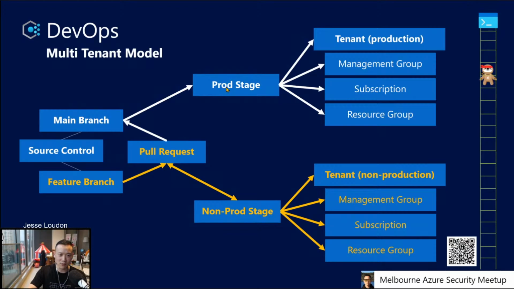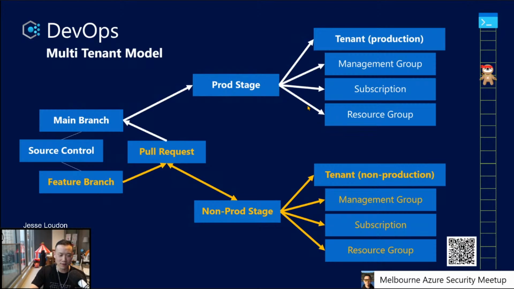The main branch deploys to prod, and then that could go to tenant, management group, subscription, or resource group. In terms of assignments, usually for the actual definitions, I want to store that as high as possible. So I'd want to store the definitions at tenant level, and then do the assignments at management group or subscription or resource group level, depending on the use case.